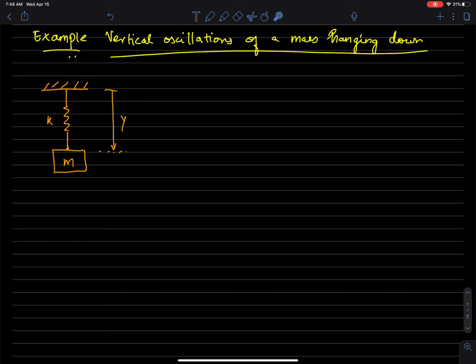And the mass is m, and the stiffness of the spring is k.